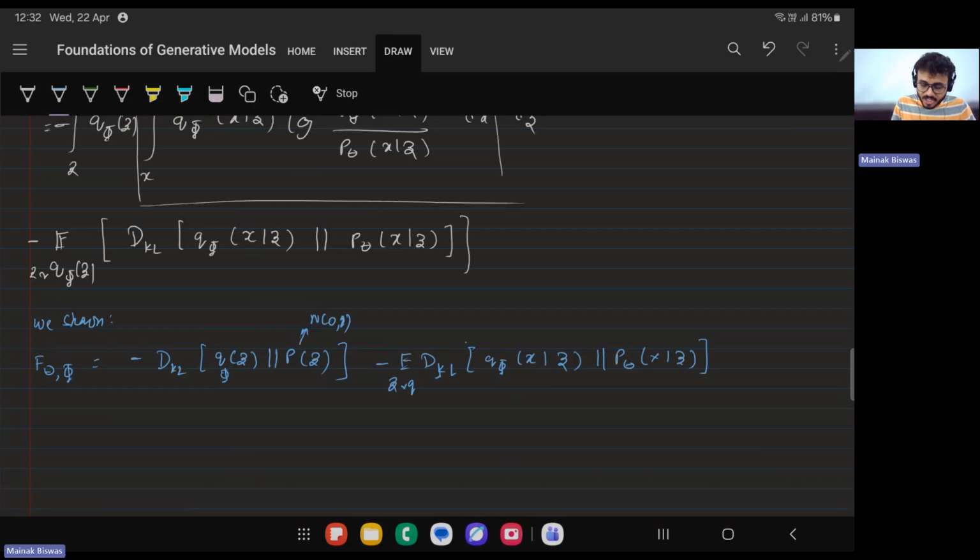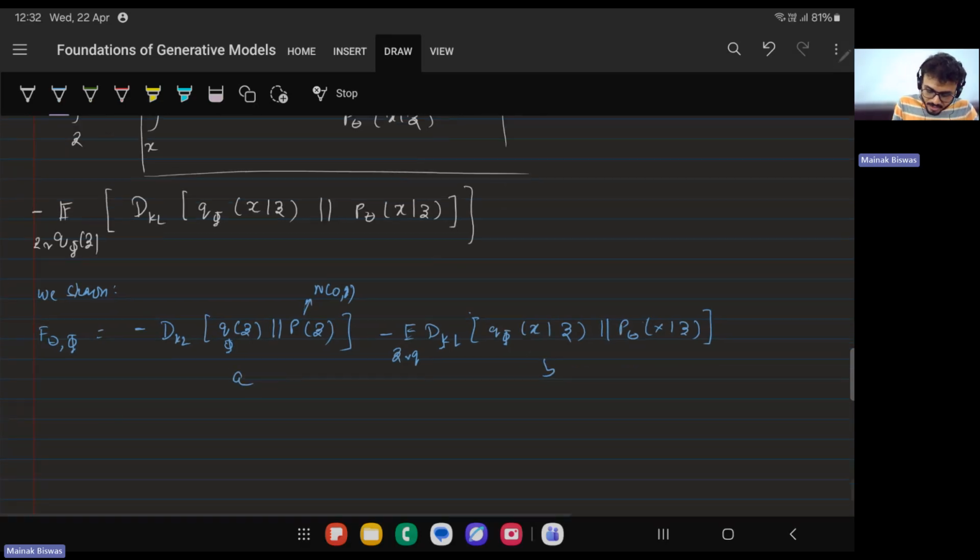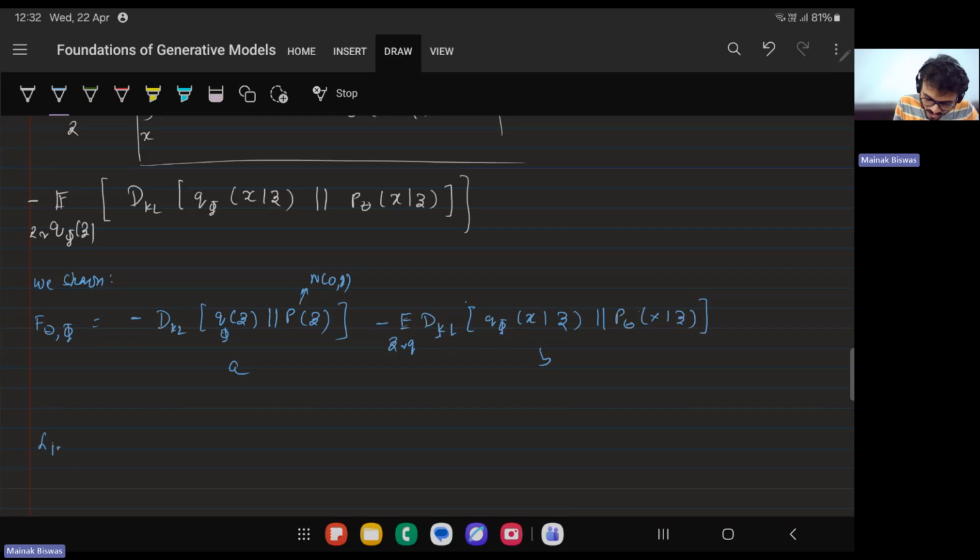So what is the interpretation? We say that this is A and this is B, and our info-VAE, L info-VAE to be exact, is going to tell me that A minus lambda B plus alpha times the mutual information between x and z. So we have understood the interpretation of this: maximize MI, for mutual information.